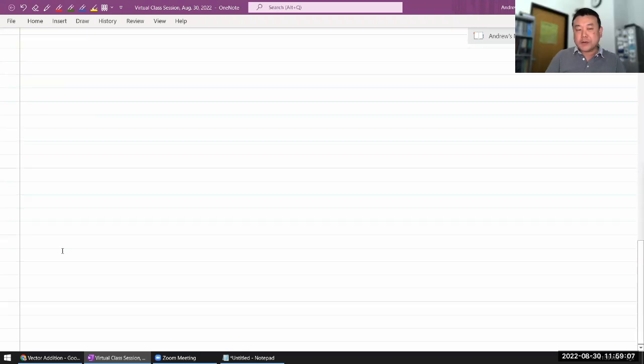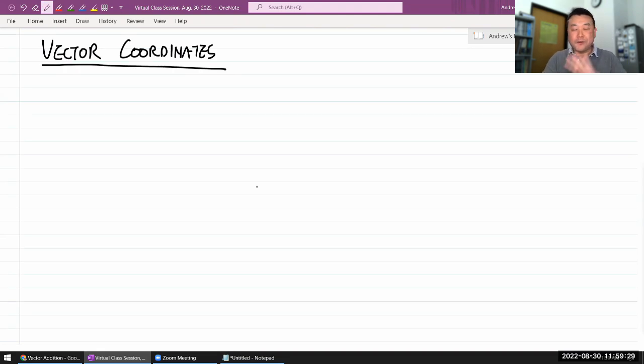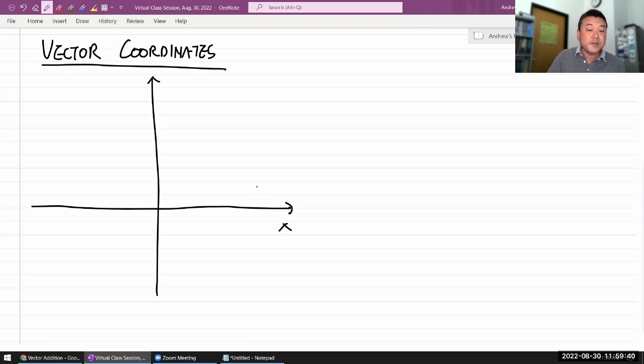So let me quickly sketch out what I might have lectured through more slowly. So this would be vector coordinates. And I'll go through it a little bit quickly. All this discussion is helped by defining a coordinate axis. An illustration of a 2D plane, an XY plane that you have seen in geometry and trigonometry, is very useful.